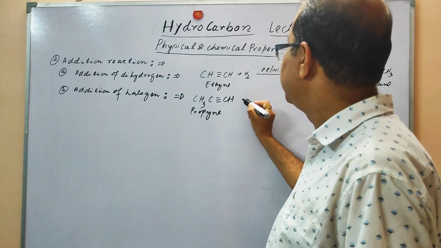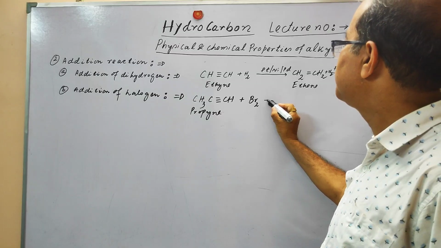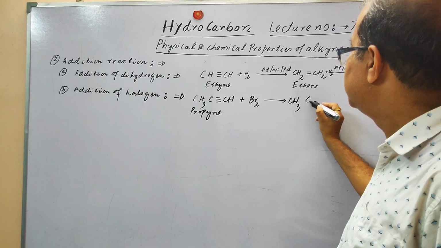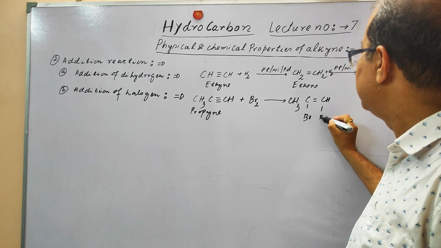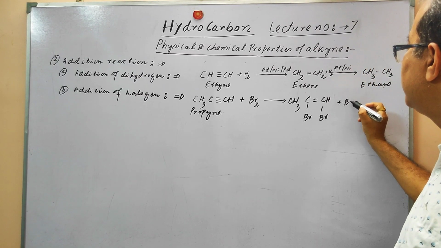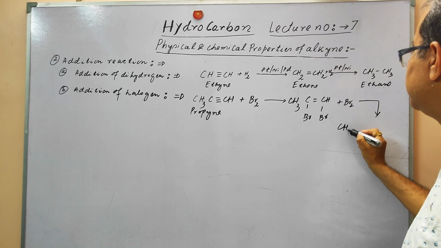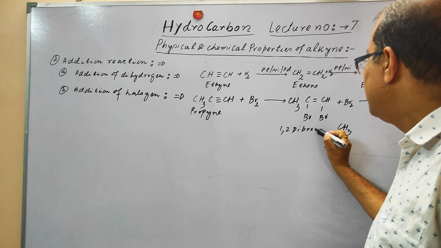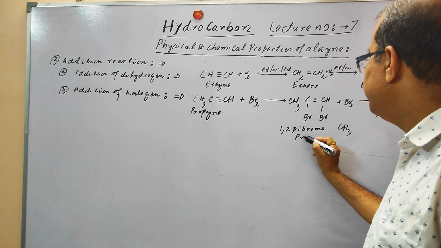When propyne is treated with bromine, it is going to produce CBr=CHBr. Then another molecule of bromine will be added, producing CH3, and this is 1,2-dibromopropene.